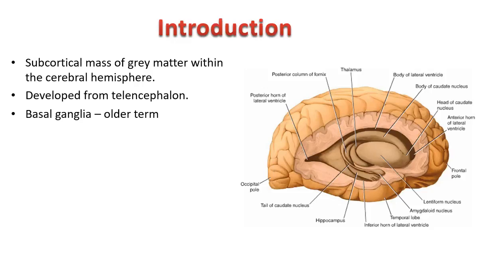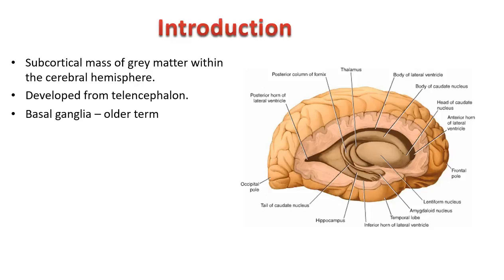One good example is the trigeminal ganglion, which is situated in the floor of the skull, the middle cranial fossa. Similarly, immediately outside the spinal cord, the dorsal roots of the spinal nerves also form a ganglion, which is called the dorsal root ganglion.